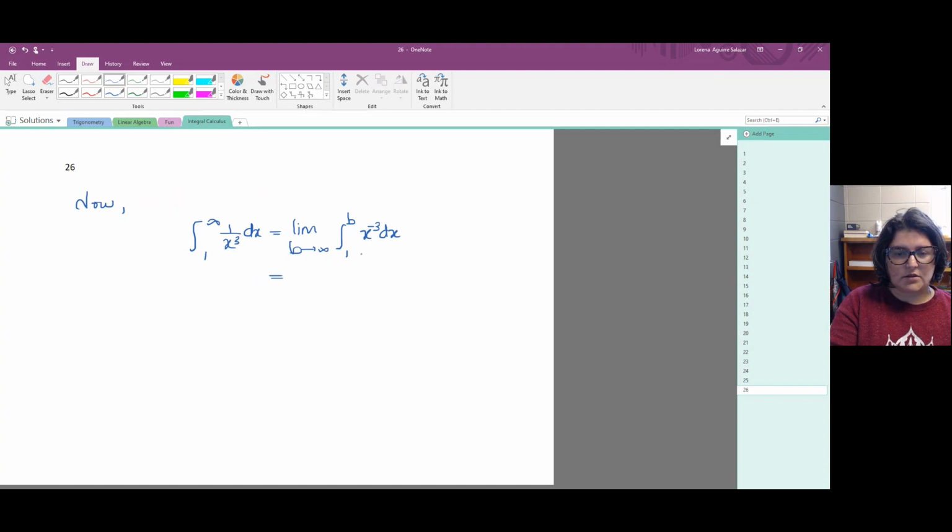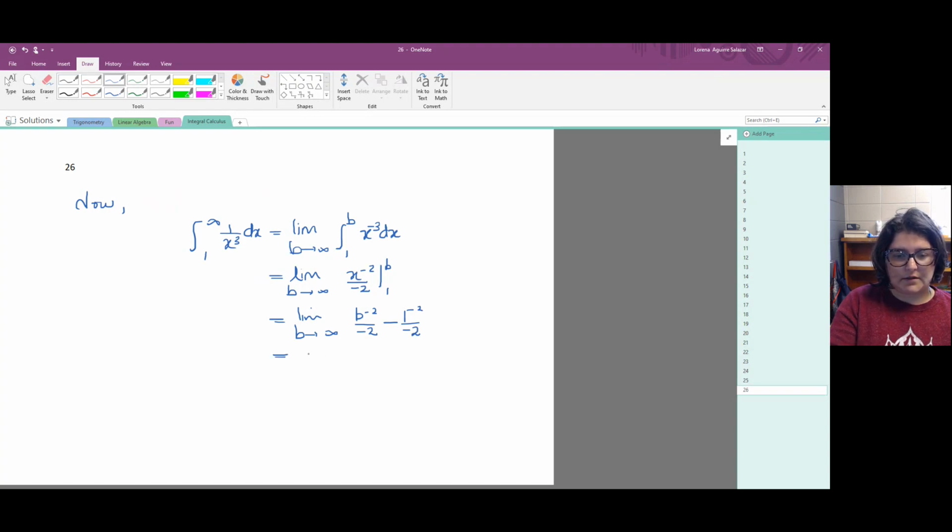When we integrate x to the negative 3, we get x to the negative 2 divided by negative 2. We want to evaluate this antiderivative at b and at 1. So we find the limit as b goes to infinity of b to the negative 2 over negative 2 minus 1 to the negative 2 over negative 2.